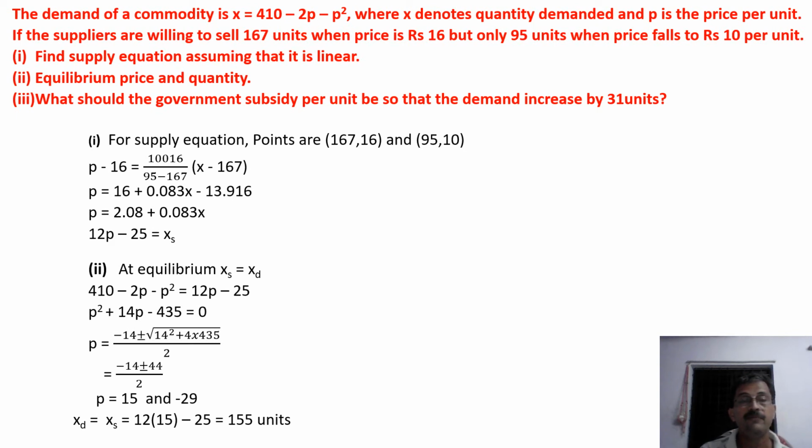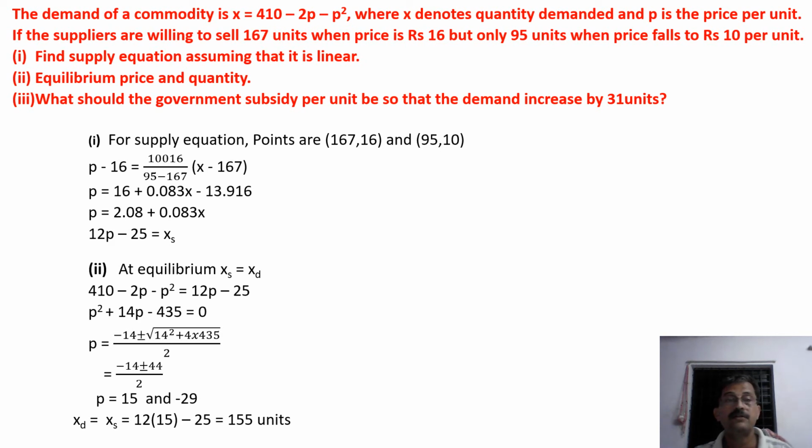At equilibrium, we know quantity of goods demanded is equal to quantity of goods supplied. So here also we get one quadratic equation in p by equating xs and xd expressions. Again we get two values of p, one is negative, the other one is positive. Taking the positive value p equal to 15, we get the quantity demanded as 155.